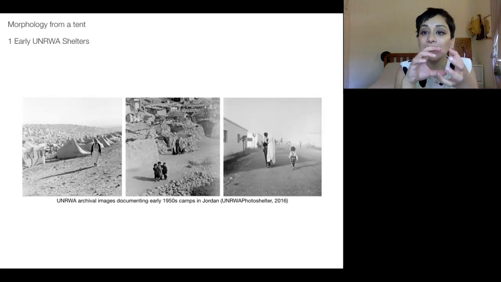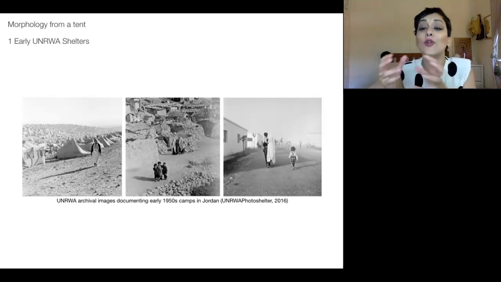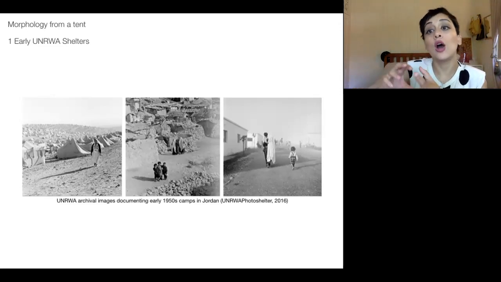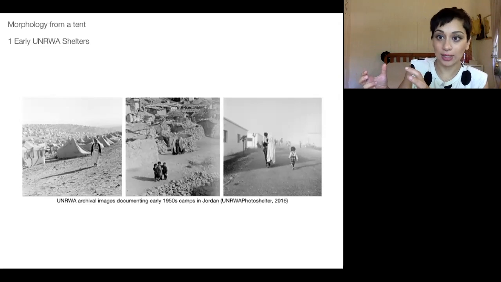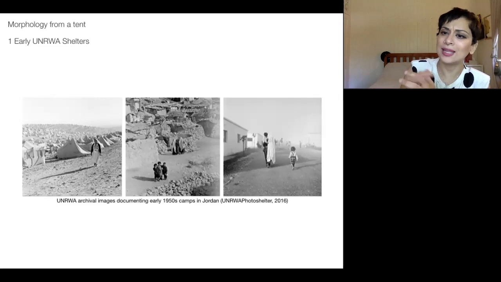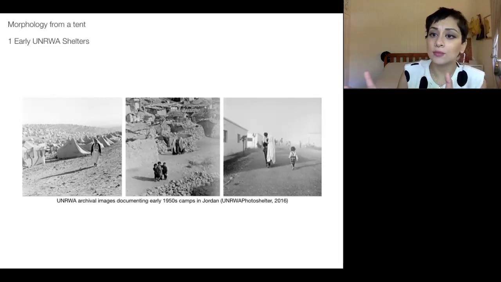And the tent started to transform slowly into a more complex architecture. At that time, the UN had just started. They didn't know how to deal with it. So there were different attempts to maneuver this evolution and transformation of the camp.